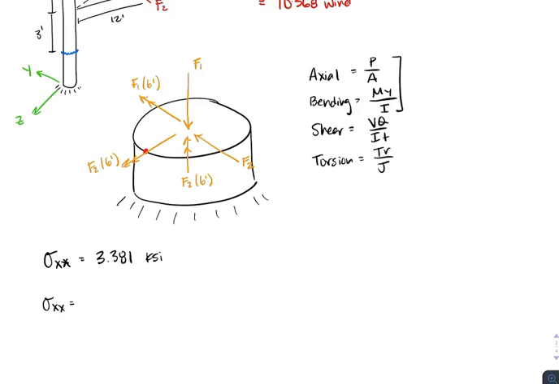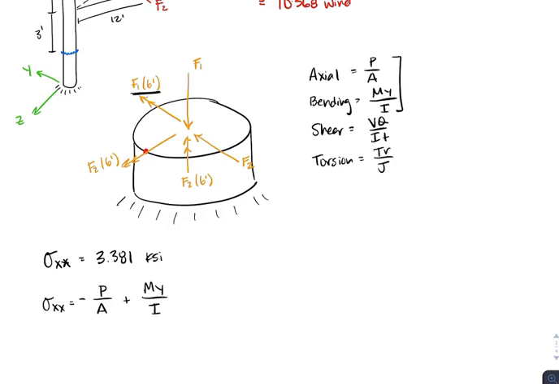So we know sigma xx, that's our normal stress. That is going to be equal to a combination of axial force and bending. So we can start off with our axial, P over A. We have to plug in a negative because it's in compression. Our F1 force is pushing down, so it's causing compression, so that's a negative value. And then we also have plus our My over I. In this case, we have two moments acting, but the only one that actually causes a stress at our point A is going to be our F1 times 6 feet.